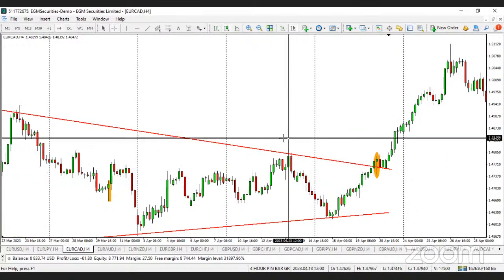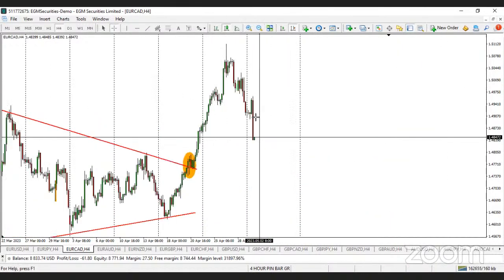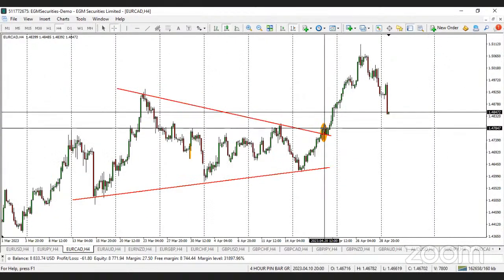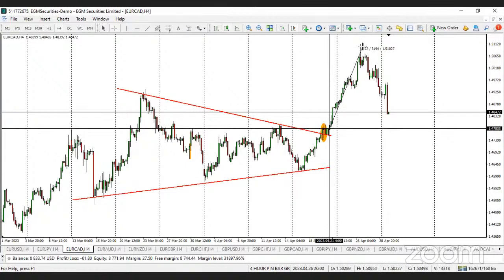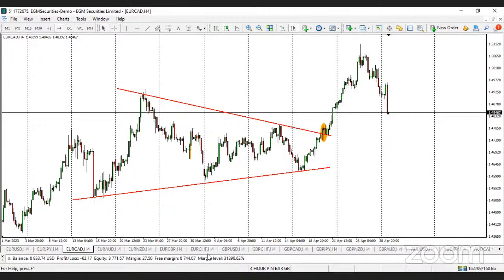Then once the market broke, that momentum was sustained, and price was able to rise by close to 325 pips. Between 280 and 325 pips was what we were to consider that week. So it's quite a pretty big movement.